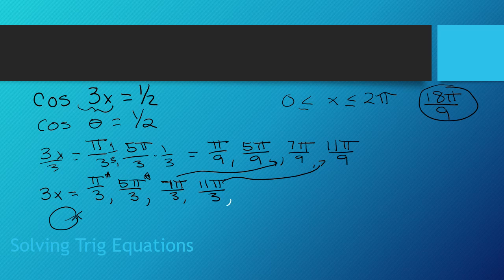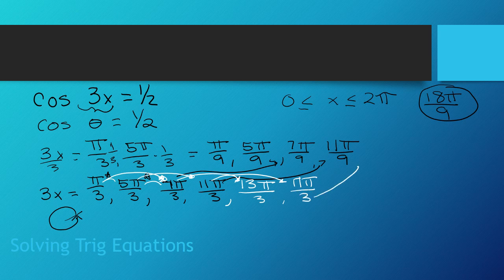Okay, so going back to here, we're going to go ahead and add to this. And we're going to find 2 more coterminal angles, right? If you notice here, what we're jumping by, right? So we added 6 there, we added 6 there. Okay, so let's go ahead and add 6, and we get 13 pi over 3, and we add 6, and we get 17 pi over 3.